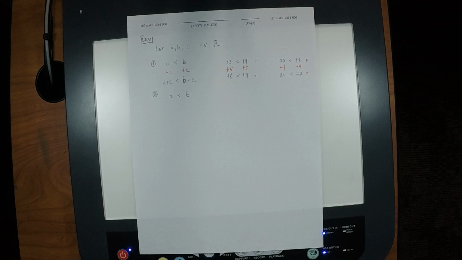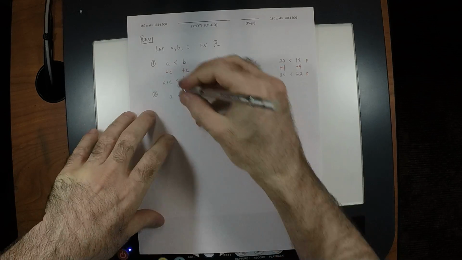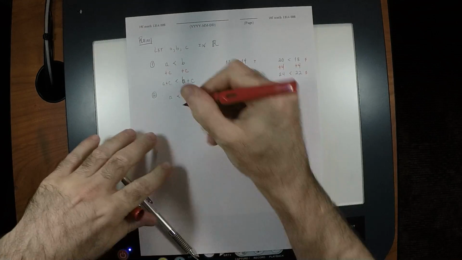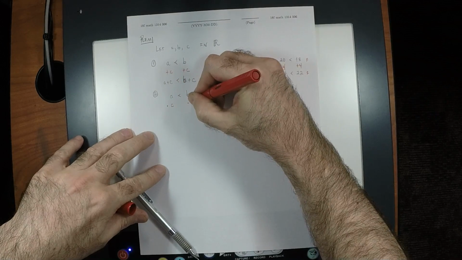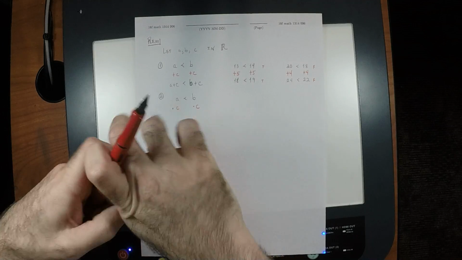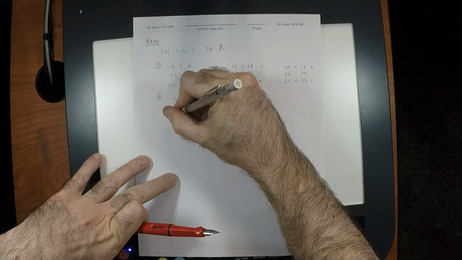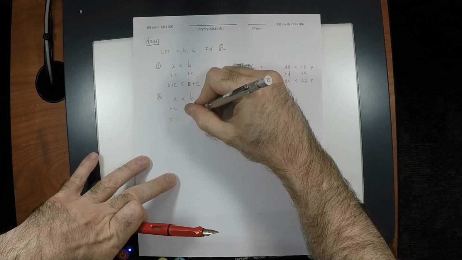So, can we multiply both sides by a number? Yes, as long as it's not 0. That's still not going to be allowed for the same reasons it's not allowed for equations. But in fact, there are 2 possibilities now. If you multiply both sides by C, then the new left-hand side will be AC, the new right-hand side will be BC.